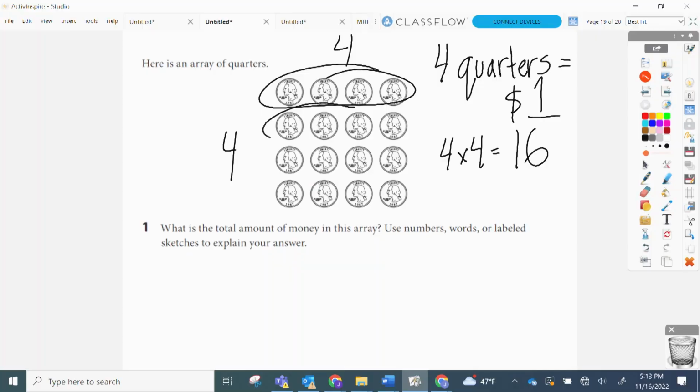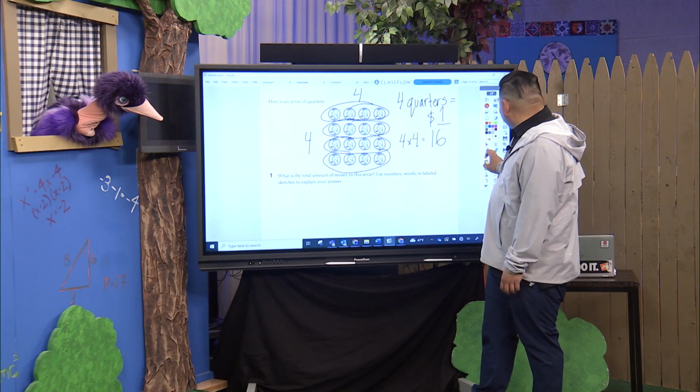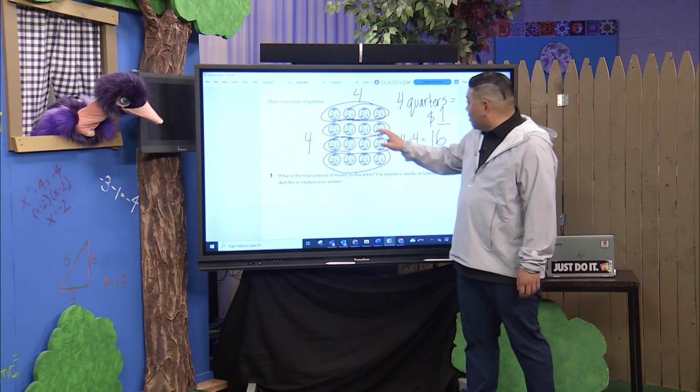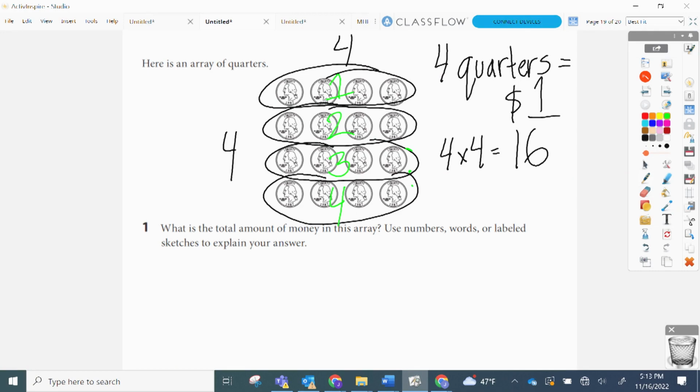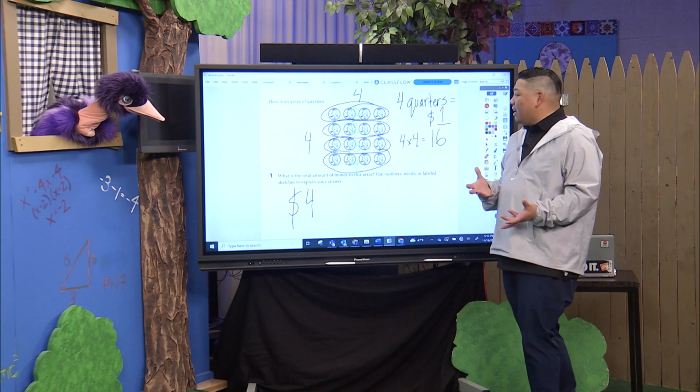So we have $1, $2, $3, and $4. So altogether we have a total of $4. And we were able to use a lot here to explain our thinking.